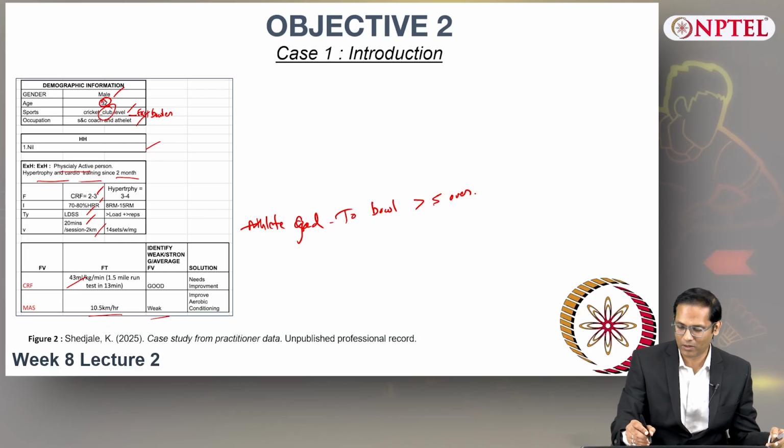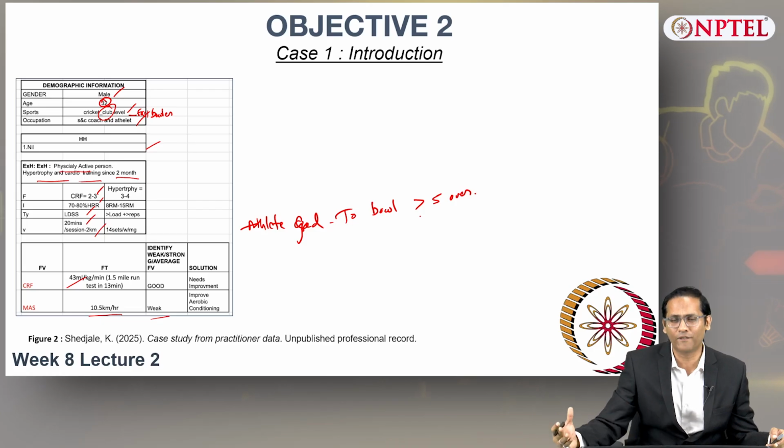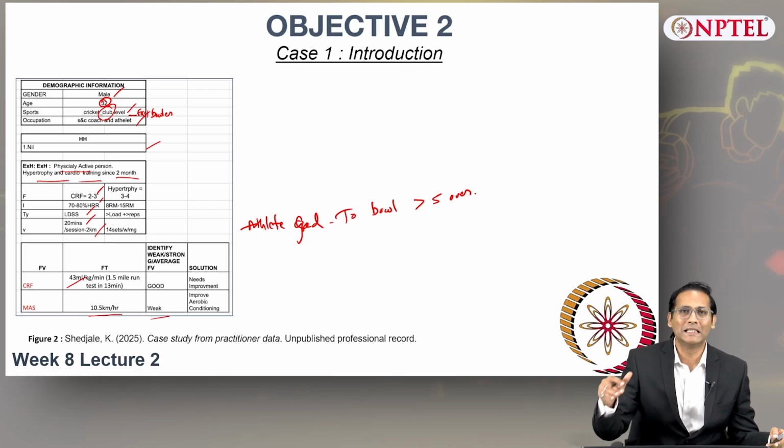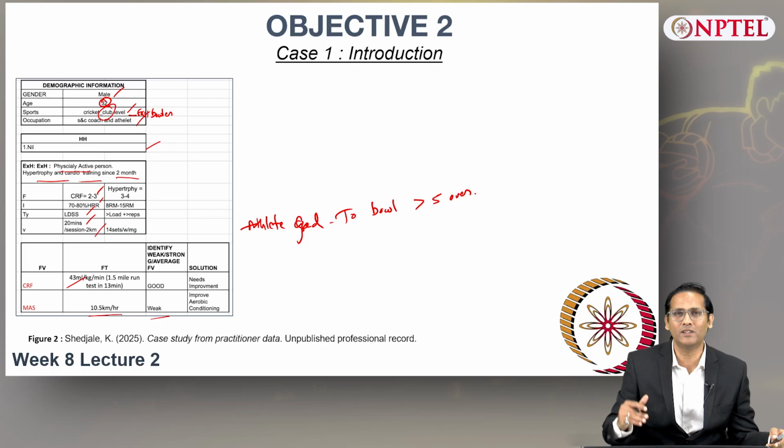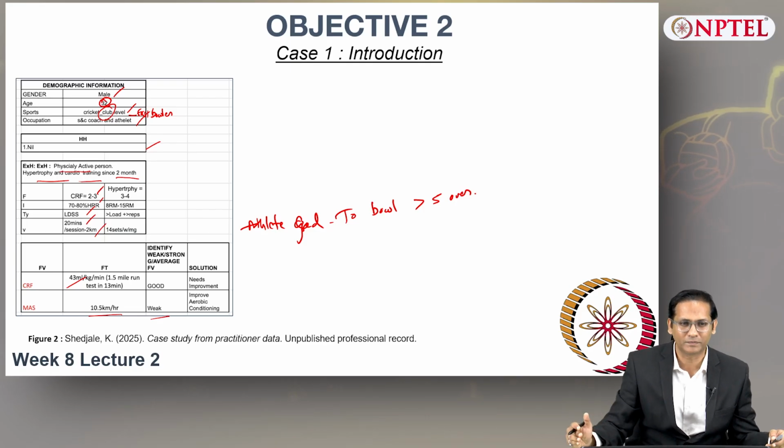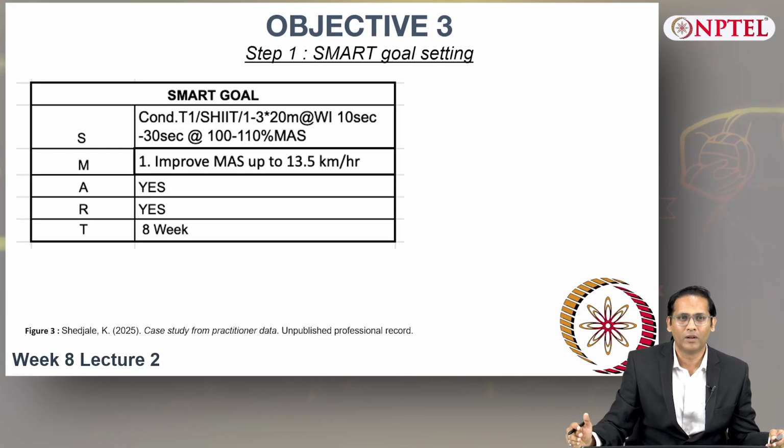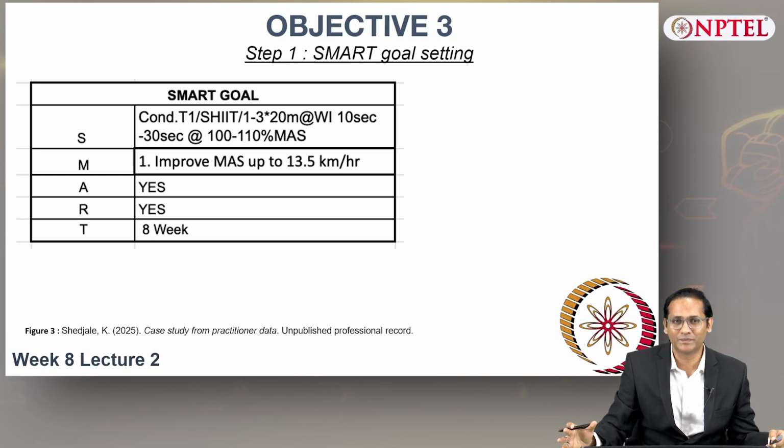In the case of the fast bowler, as he bowls more than 5 overs or 3 overs, that's the reason he is experiencing a drop in his performance.